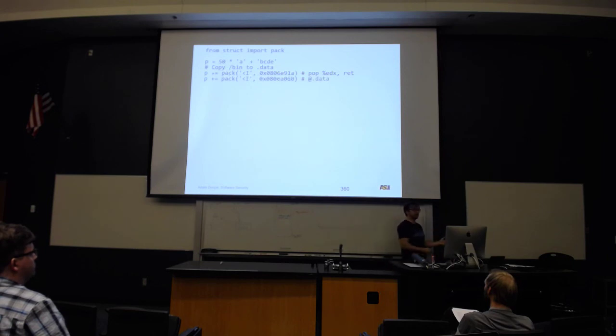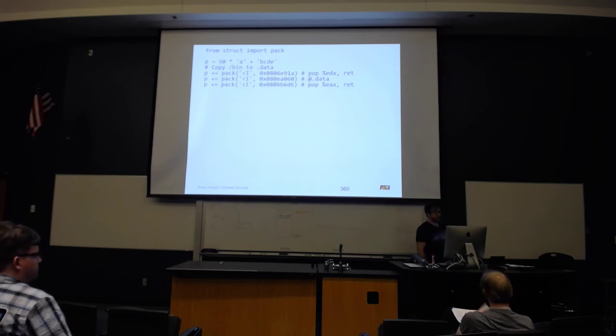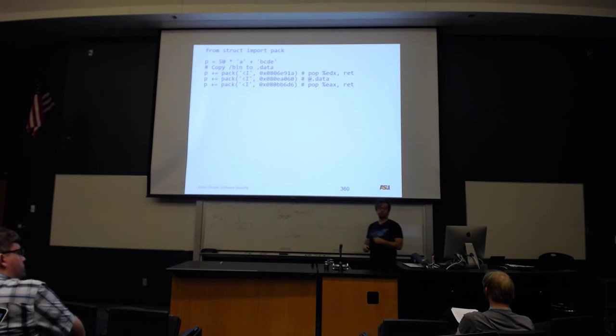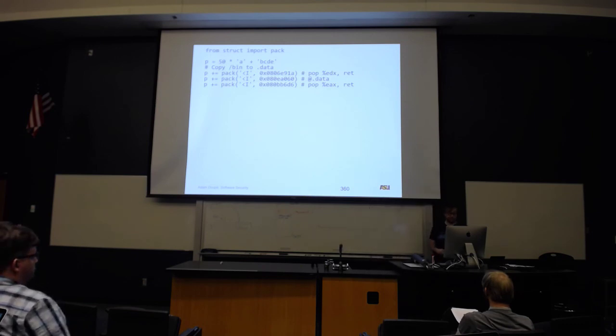Then what it pops goes into EDX. EDX will be the address of our data segment that we want to write to. Then it'll return, and where does it return? It'll return into the gadget pop EAX ret, and that will pop /bin into EAX.